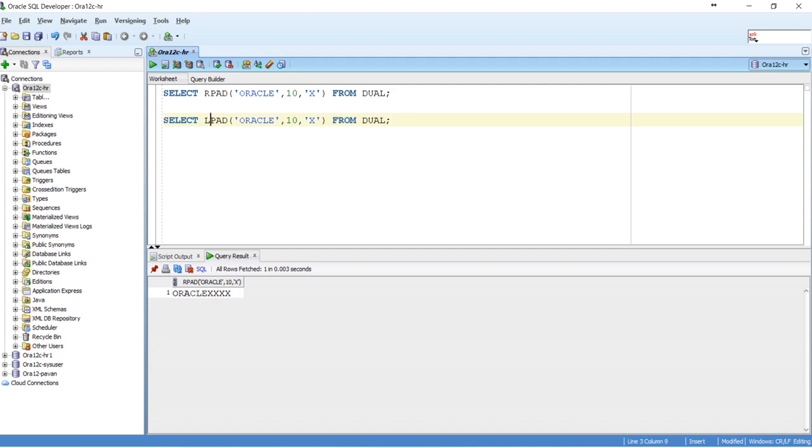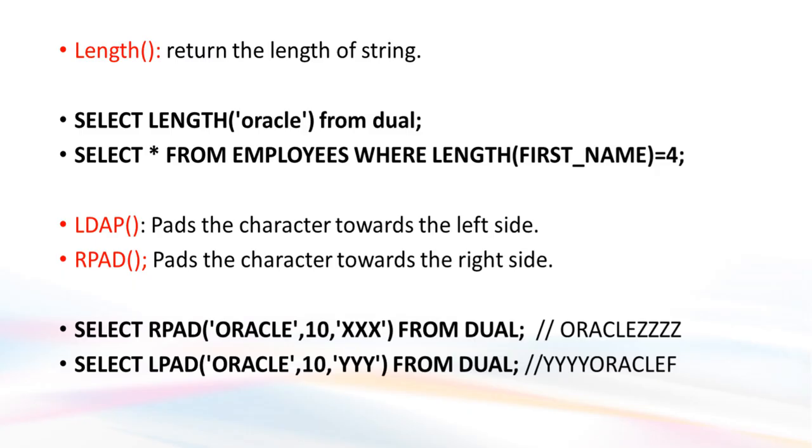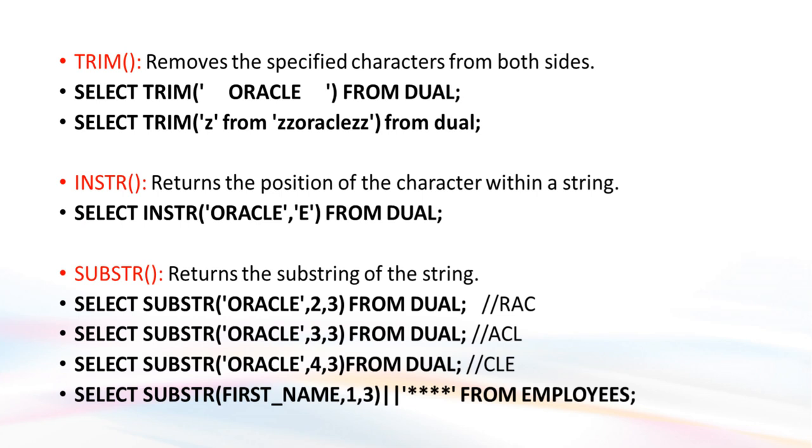Okay, now let us move on to some other functions. Next, TRIM. Trim is basically for trimming the value. It removes the specified characters from both sides.